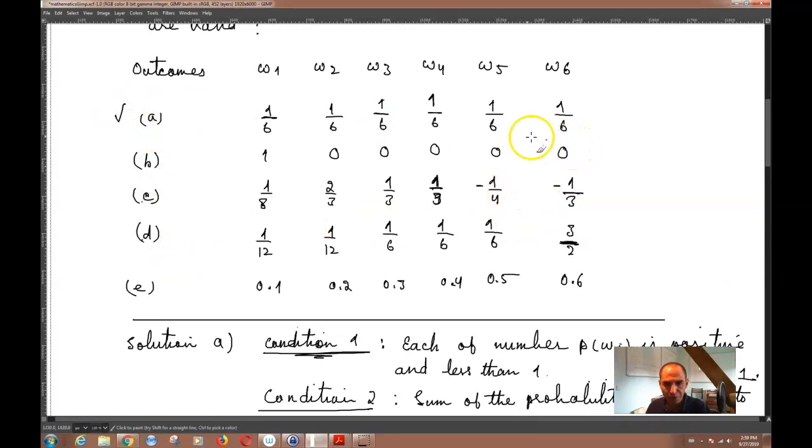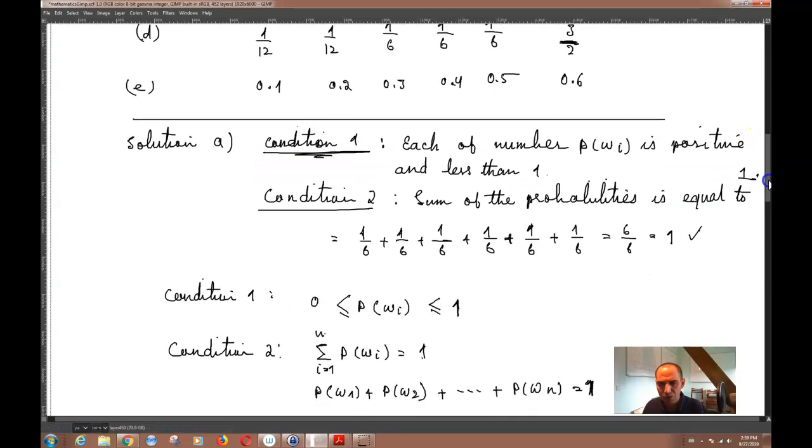Now over here we said that each of the numbers p of omega of i is supposed to be positive and less than 1. I think it can be less than or equal to 1.